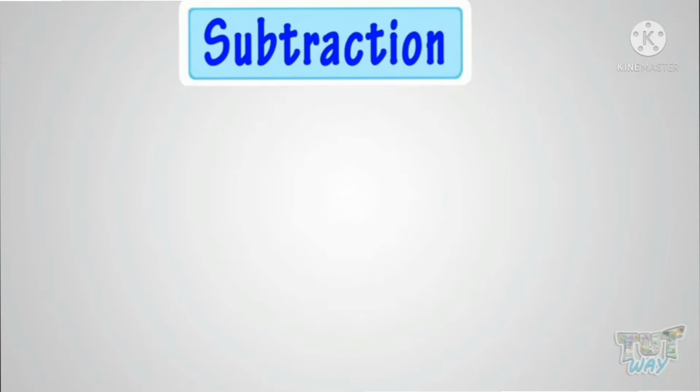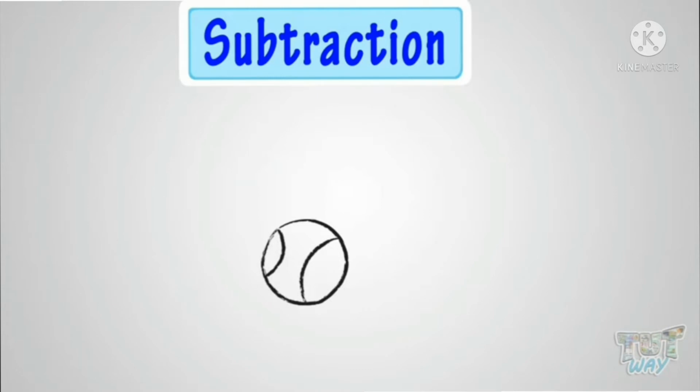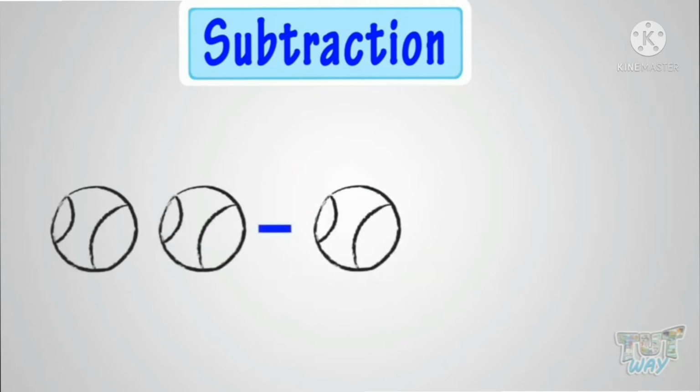Let's start with an example. 2 balls are drawn here. If I erase 1 ball, how many balls will be left? Let's count. 1. So, only 1 ball is left. That is, by subtracting 1 ball from 2 balls, we get 1 ball.